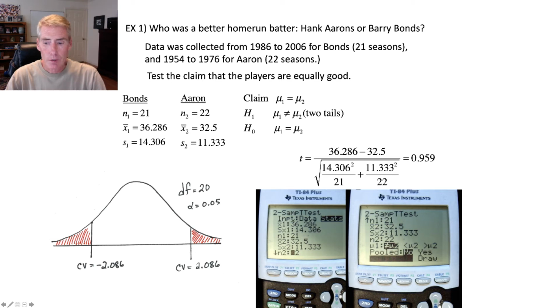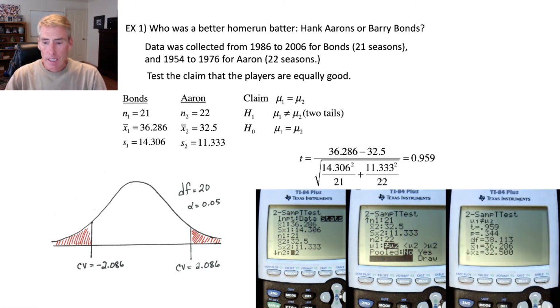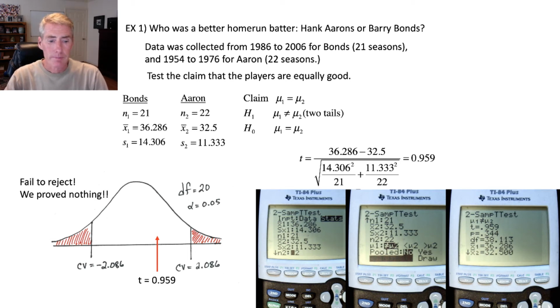Well, we no longer do it that way, so just say no. Anytime it says pooled, say no. And so the test statistic turns out to be 0.959. And then that would land in the middle. And when it lands in the middle, it means we did not prove anything. So failed to reject, we are not able to prove anything here.